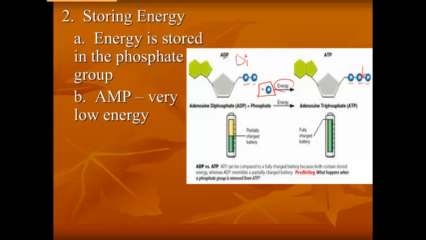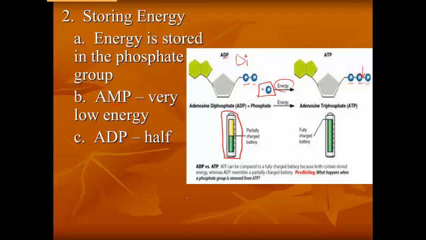AMP is not even in this picture that you see, but AMP would be monophosphate, so that would just be 1 phosphate, and so it's going to be very low energy. It's almost like a dead battery, so it's not going to be very useful at all. ADP, you can see from the picture, this one right here, if this were to be compared to a battery, we would say it's like half, partially charged.